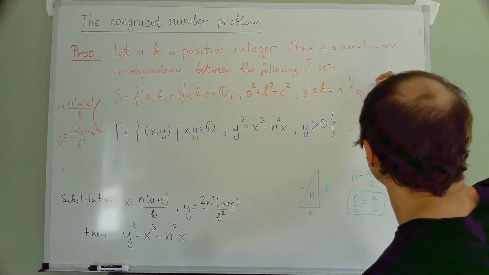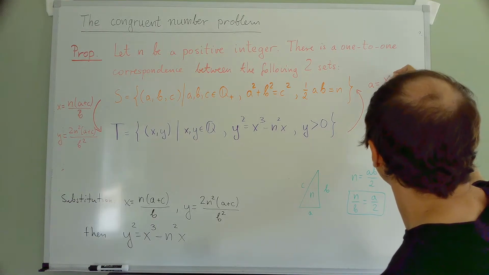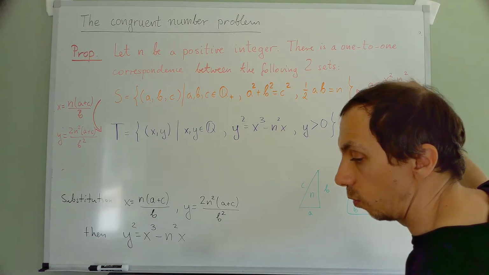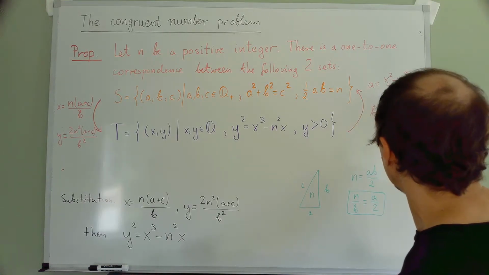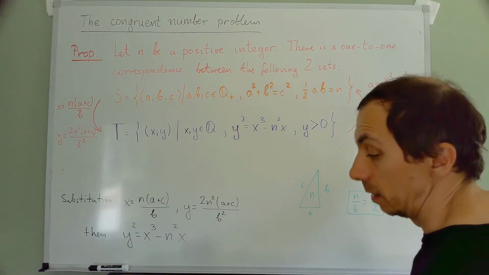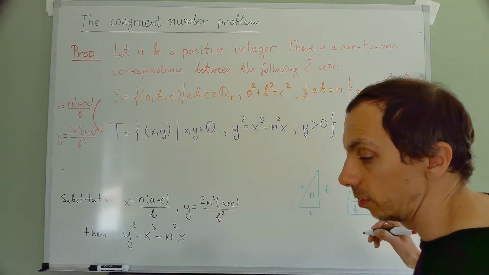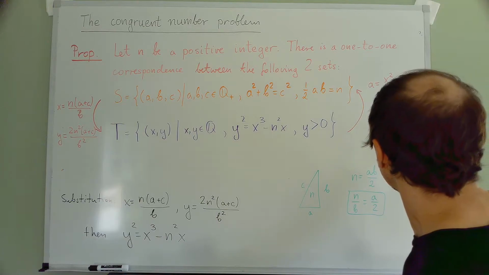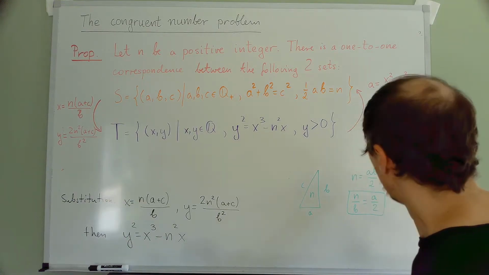So you get A equal to x squared minus n squared divided by y, B equal to 2nx divided by y, and C equal to x squared plus n squared divided by y.